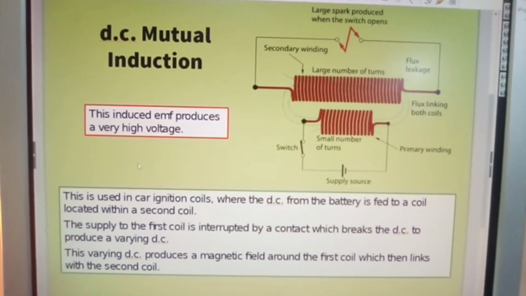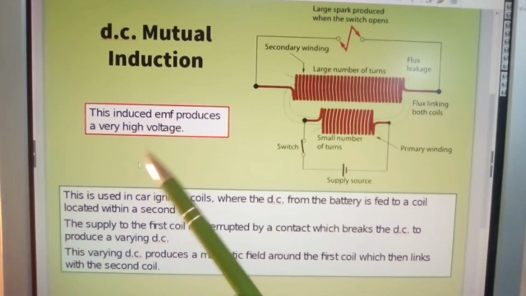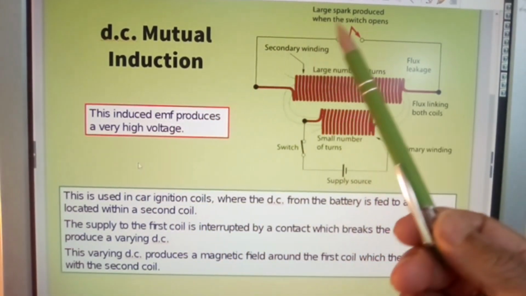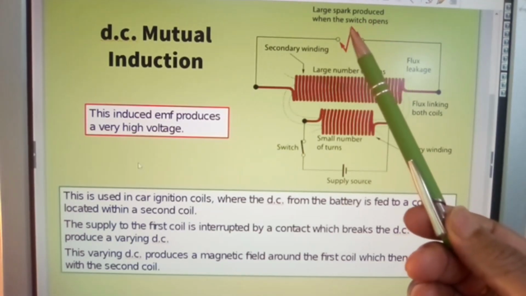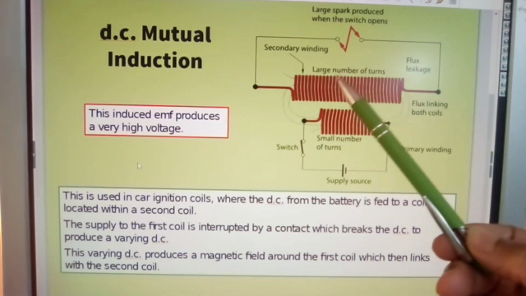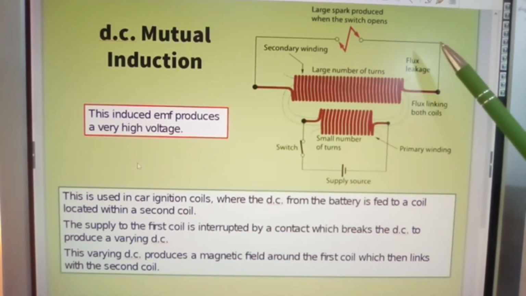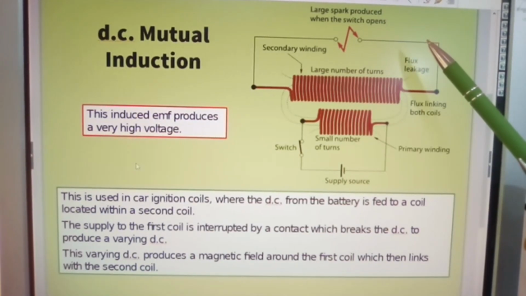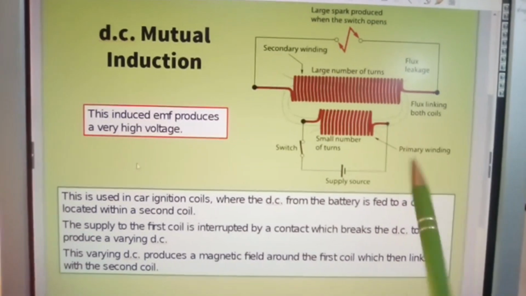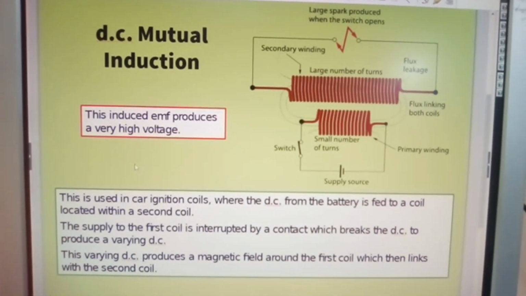This is mutual induction. This induced EMF produces a very high voltage. Now this mutual induction reminds me of a car ignition system.